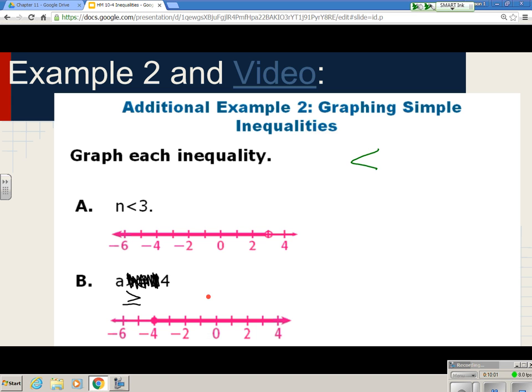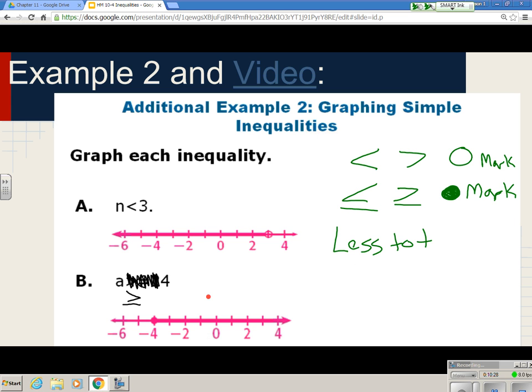If it's just less than or greater than, it's an open mark. If it's less than or equal to or greater than or equal to, you have a filled in mark. And remember, less to the left will help you to identify which way to go.